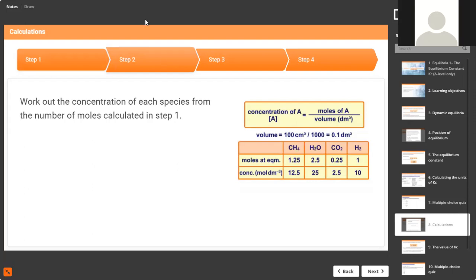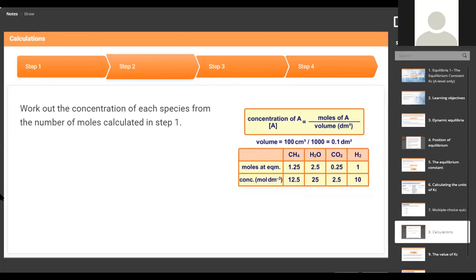So if we walk it through here, moles at equilibrium, CH4, we've got 1.25 moles. We're going to divide it by its volume, and we should get 12.5.